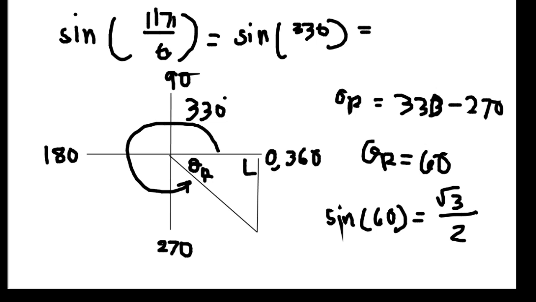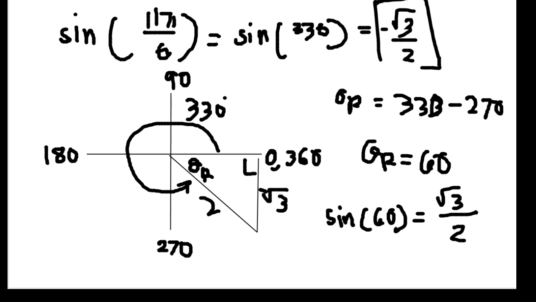And alam natin sa special right triangle, it is root 3 over 2. So we can just write it here. We're going to put the negative sign there because papunta siya sa negative y direction. So that means ang sine of 330 degrees natin is negative root 3 over 2. And that's the answer for this problem. And that is the main use of reference angle.